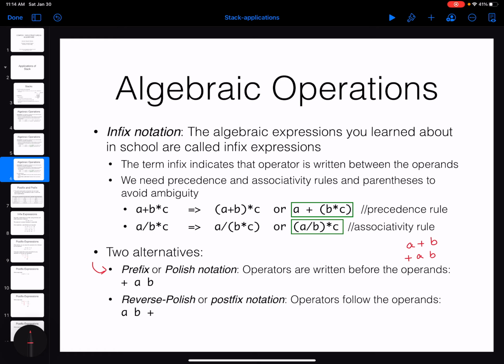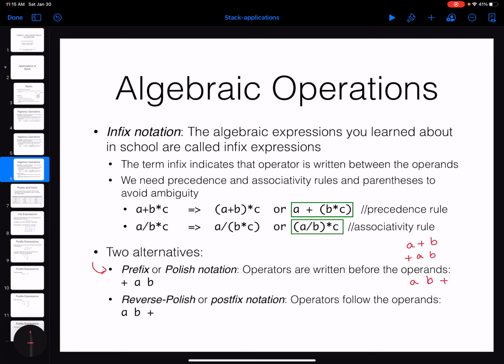Sometimes it is called Polish notation, because the mathematician who invented these notations was Polish. The other notation is reverse Polish or postfix notation, very similar to prefix notation. It puts the operator after the operands, so A plus B will be written as A B plus.